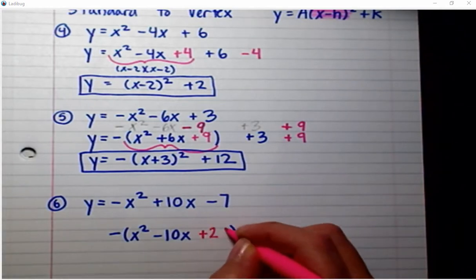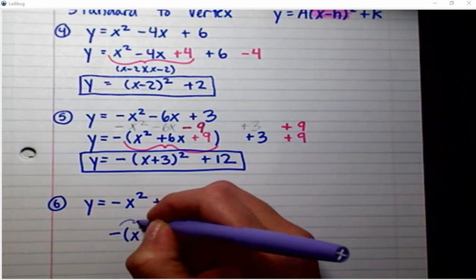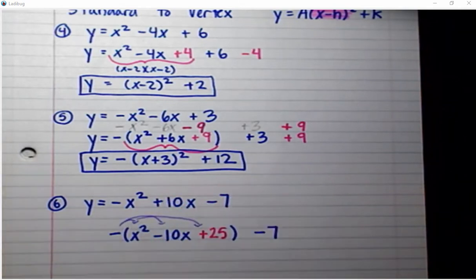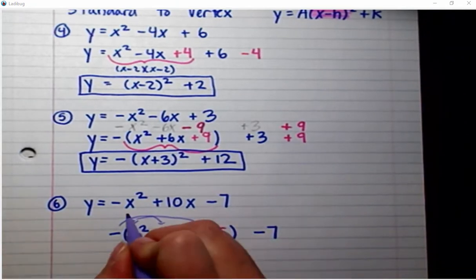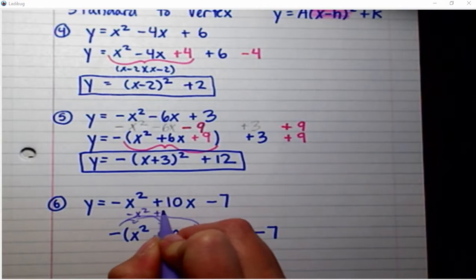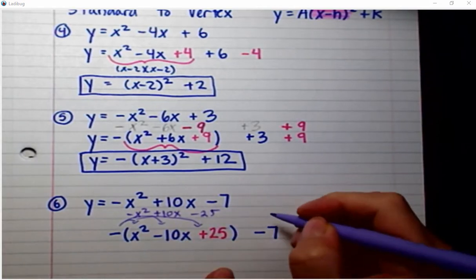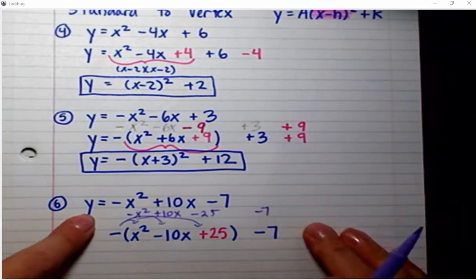Positive 25. Okay, so I'm just going to think. I'm like, okay, well, if I redistribute this negative, because this is part of it. That negative is included. I get negative x squared plus 10x minus 25. So that's what I have.